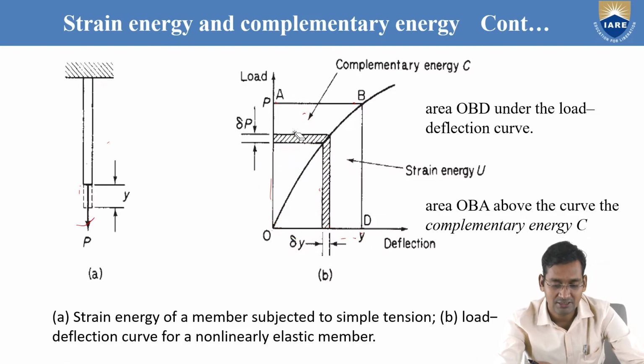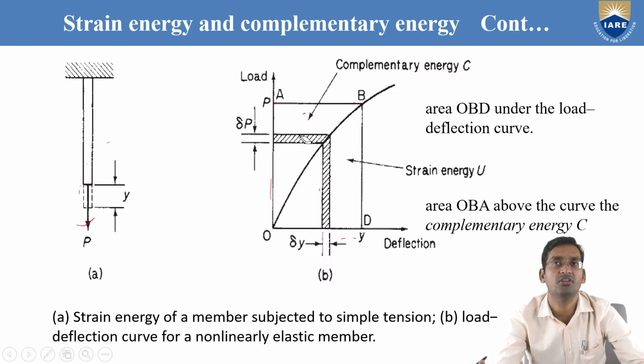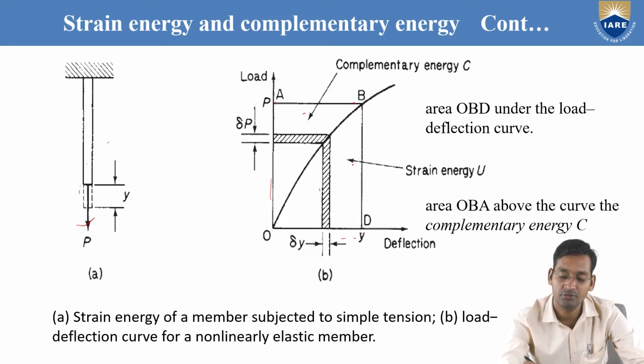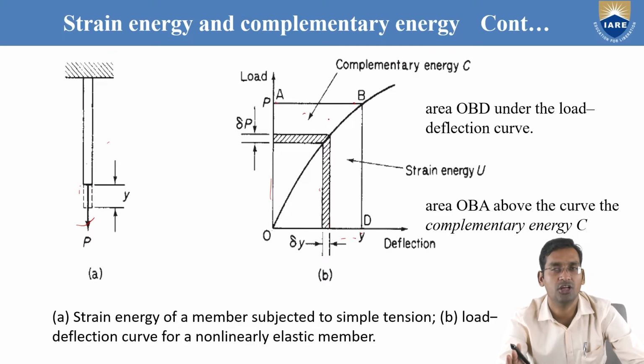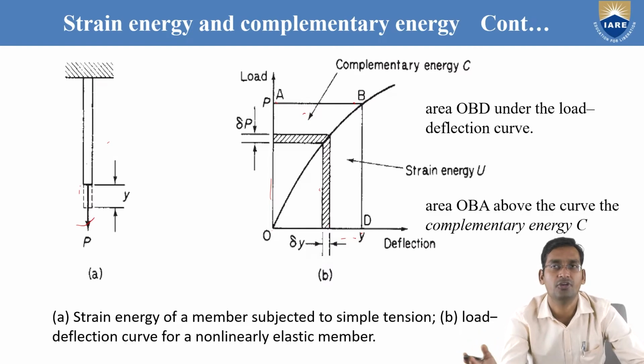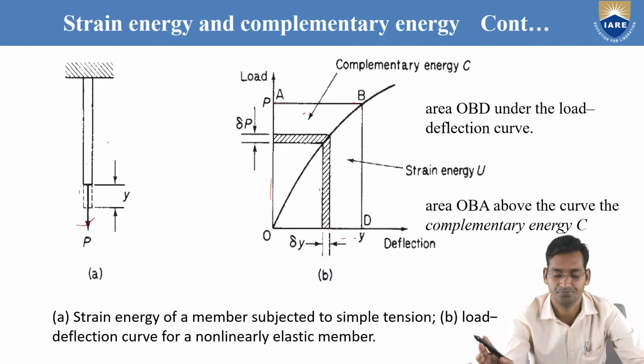Now we have to prove whether complementary energy is equal to strain energy. If both are equal, then we can take either one. So first we show that strain energy equals complementary energy, and if both are equal, we go with the complementary energy method to find our solution.